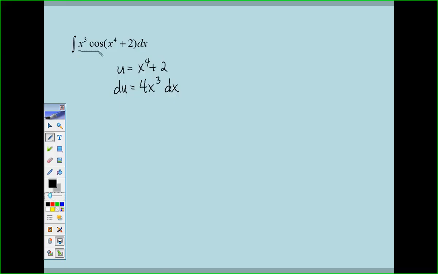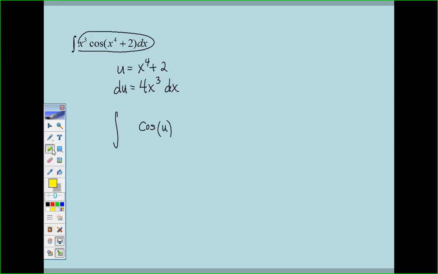Now we're going to replace everything in this integral here, this integrand, in terms of u. So we'd have the integral of, now look up here where we have cosine of x to the fourth plus 2. I'm going to replace x to the fourth plus 2 with u.